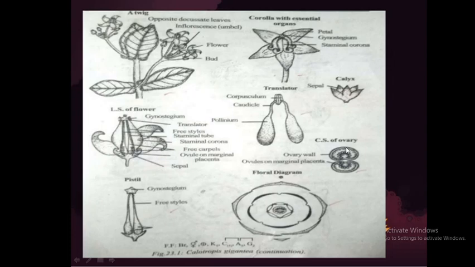The styles are united by their apices and dilate to form a peltate stigma with 5 lateral stigmatic surfaces. The ovary of each carpel is unilocular with a single placenta bearing numerous anatropous ovules. Placentation is marginal type.